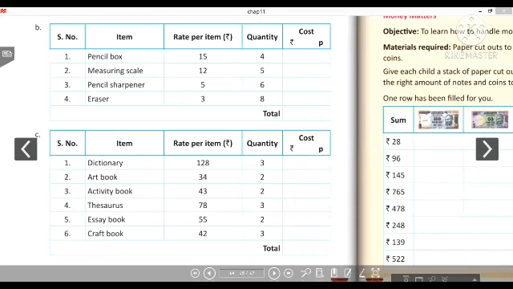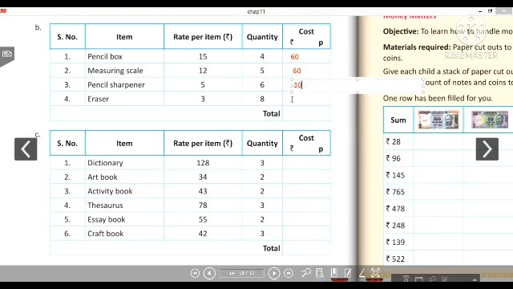So now in question number B, we have again rate of pencil box per item given, a quantity given. So 15 multiplied by 4 is equal to 60. 12 multiplied by 5 is also equals to 60. 5 multiplied by 6 we will get 30.